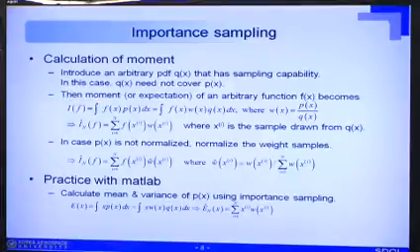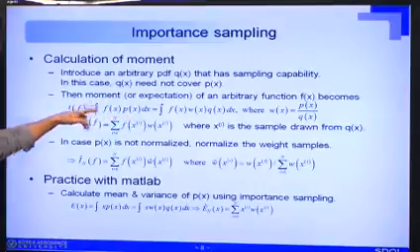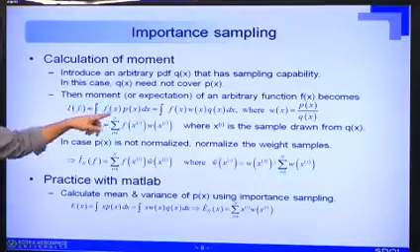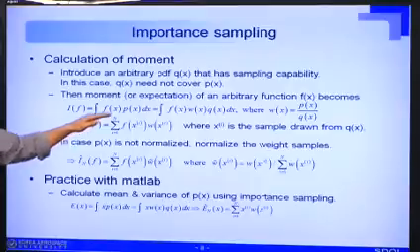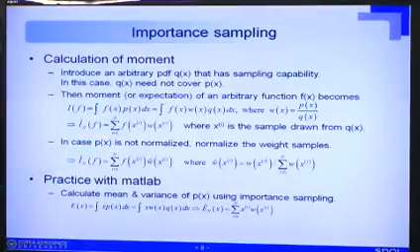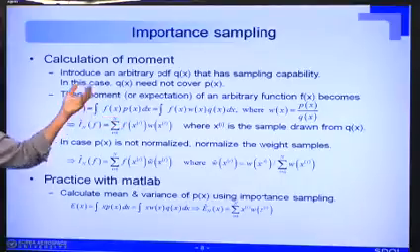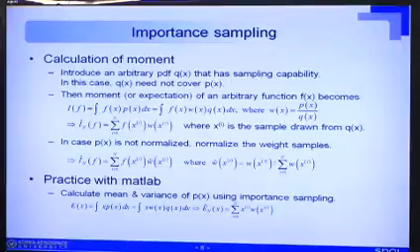The way to calculate the expectation of some arbitrary function is defined this way. This is nothing but the integration of a certain function f times the probability distribution p, and this is the original definition of the expectation or moment of fx.